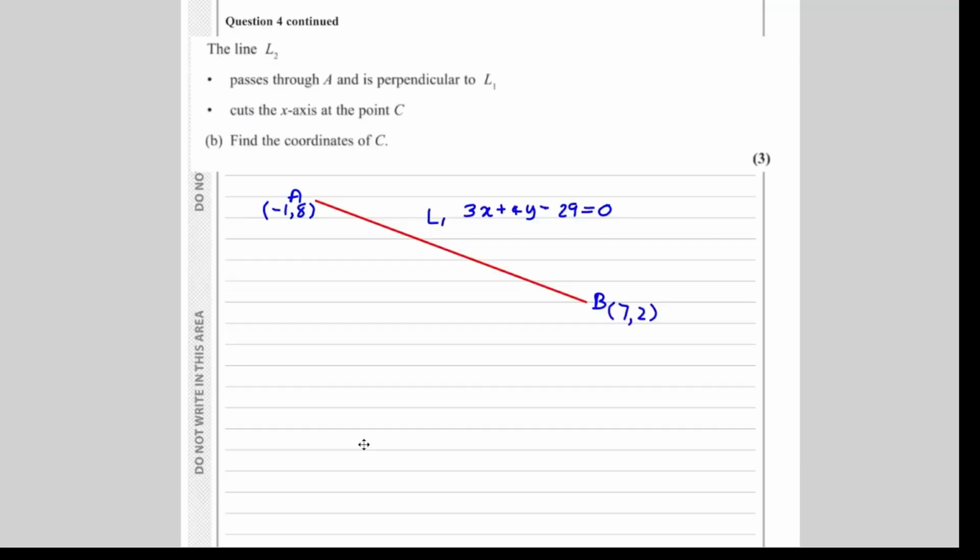The line L2 passes through A and is perpendicular to L1.